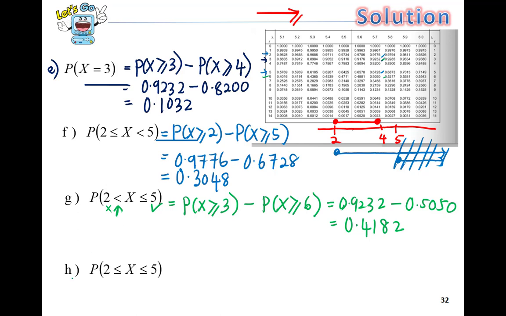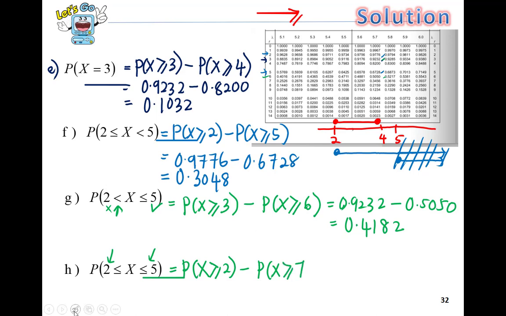Okay, question H. 2 and 5 are both included. We want 2, so we take probability of x greater than or equal to 2. We also need 5, and then we are going to reject 6, one number after 5.